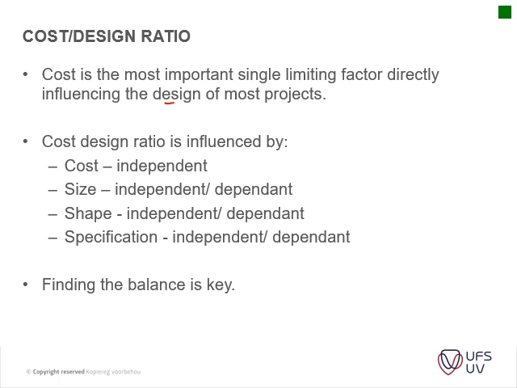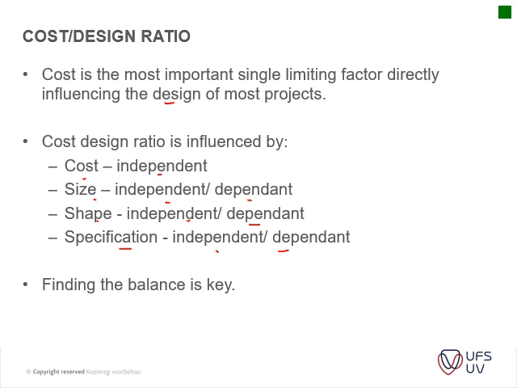The cost design ratio is influenced by the cost, which is independent because the client knows, or has, the funds. The size of the project is independent and also dependent on the cost. The shape, same thing, independent and dependent on the cost. And then you've got your specifications, independent and dependent on the cost.